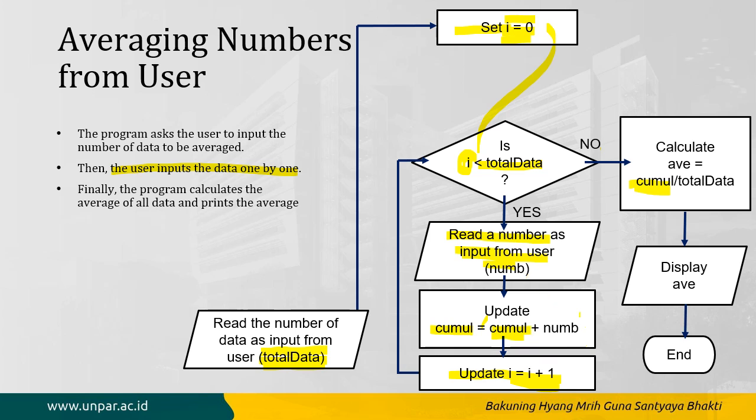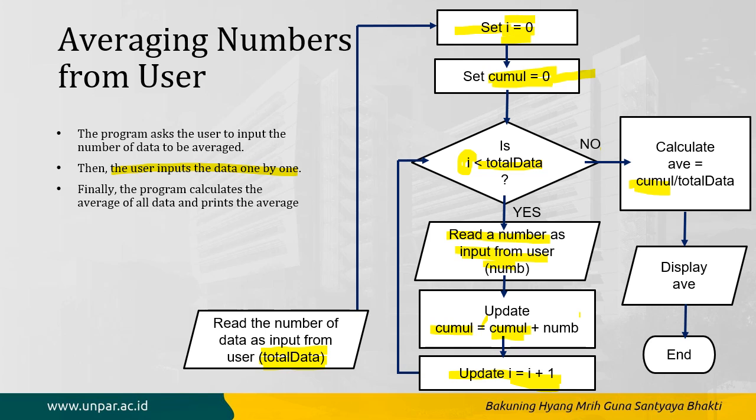Similar to before, you need to state at the beginning what is the value of this cumulative variable. So I'm going to set cumul equals 0 here. Because if you do not define the cumul variable as 0 at the beginning, then the computer does not understand what is the initial value for this variable.